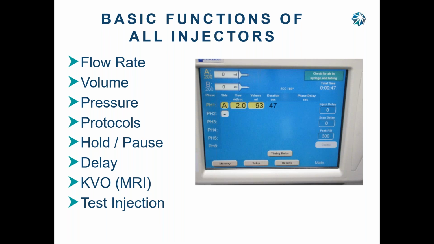What's a pause? A predetermined amount of stop. So it'll pause for a certain amount of time. It's also called a delay. I want to have a 5-second injection delay, or I want a 5-second scan delay, because these systems can interface with your imaging modality.